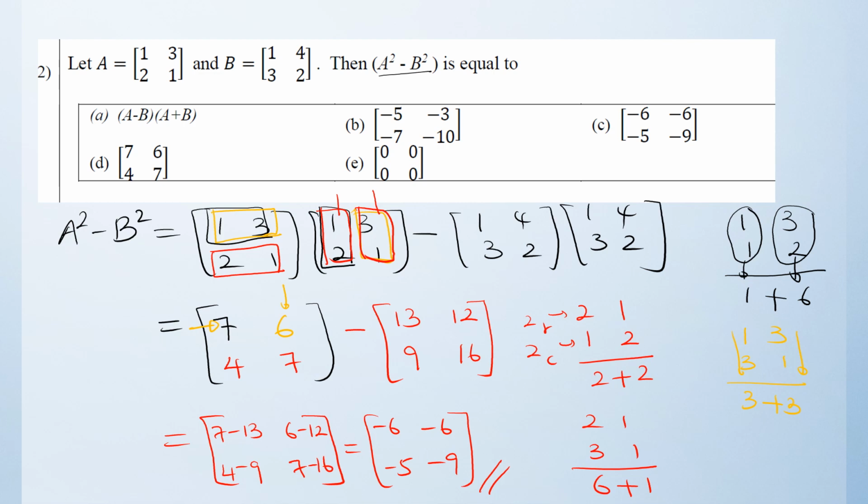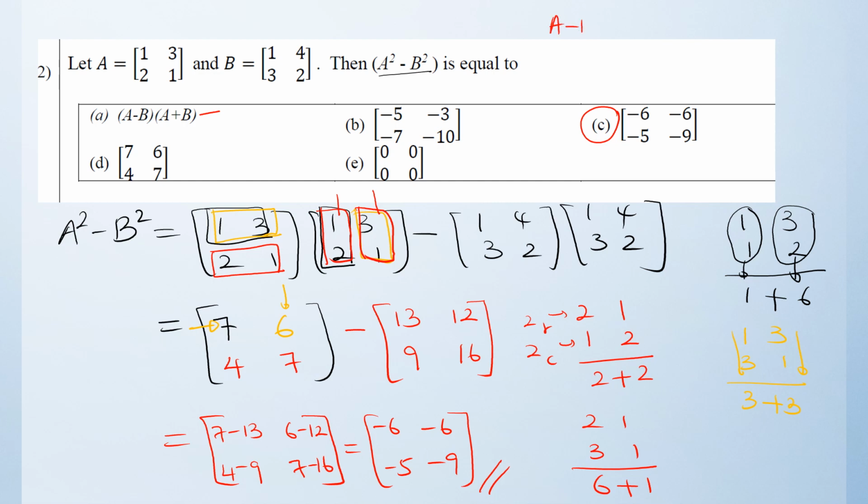So this is C. And let's focus on the answer A. In A we have A minus B into A plus B. The same result holds for real numbers.